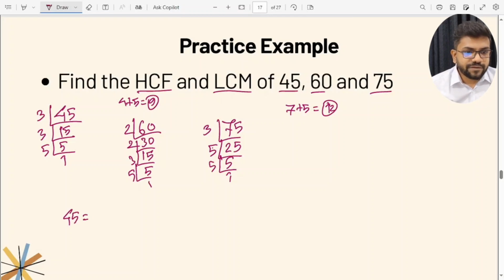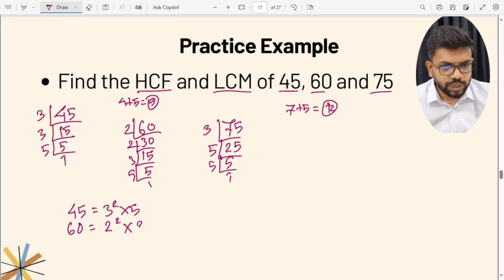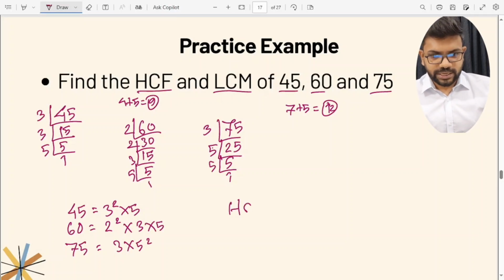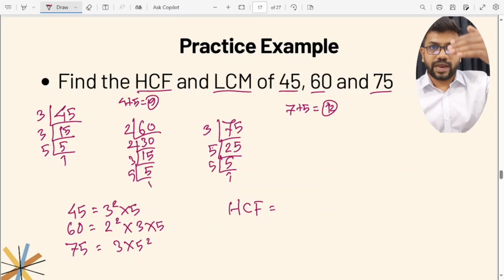Let's write 45 as 3 times 3, we get 3 squared and 5. 60 can be written as 2 squared, 3 and 5. 75 can be written as 3 and 5 squared. After writing this, we can write the HCF. Highest common factor is all the common prime factors in their lowest power.